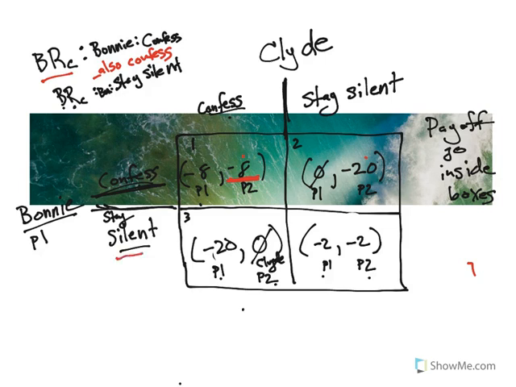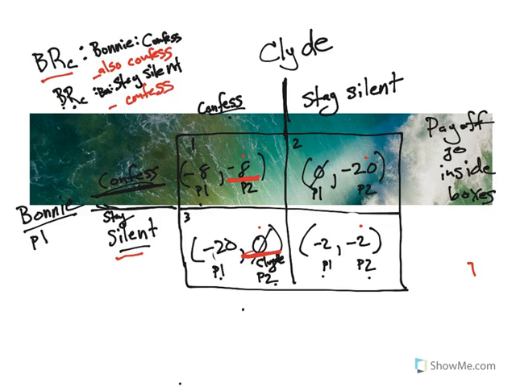So if she stays silent, he can go to jail for 0 years or -2. Well, going home sounds a lot better than prison, so that's what he would choose. So Clyde's best response to Bonnie staying silent is to confess.